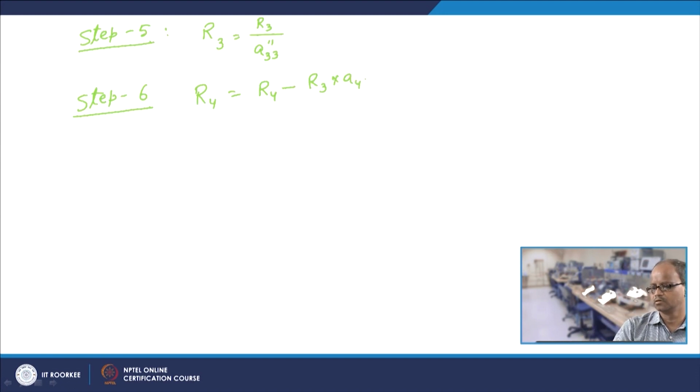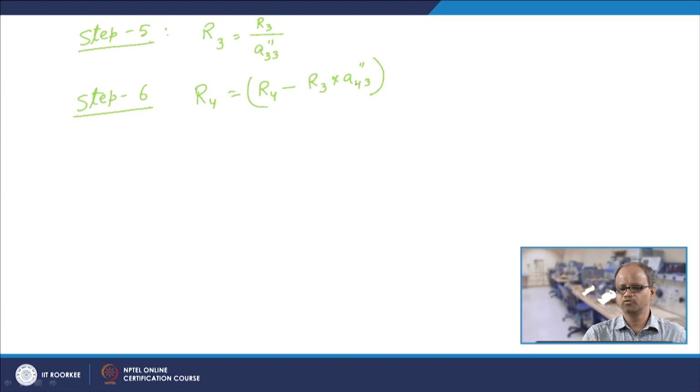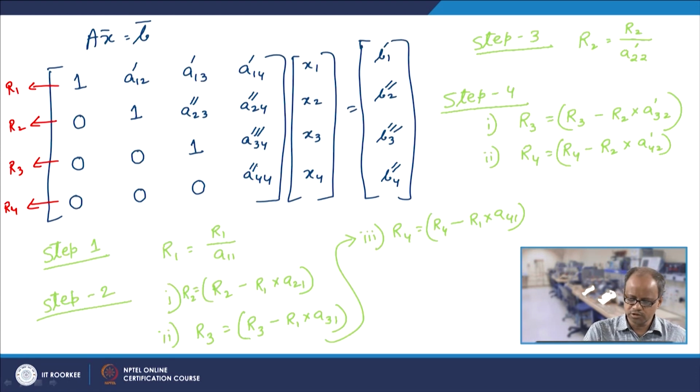Once we do that, this becomes again 0, and this also changes because it will be A44 double dash minus A34 triple dash into A43 double dash. So this value will also change to A44 triple dash, and this will change to B4 double dash minus B3 triple dash into A43 double dash. So this will also become B4 triple dash.